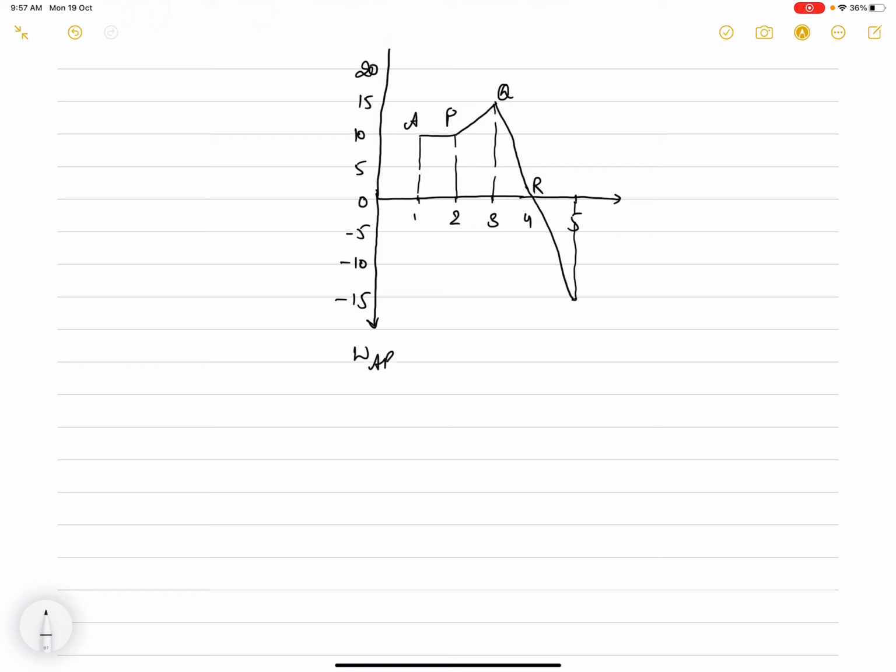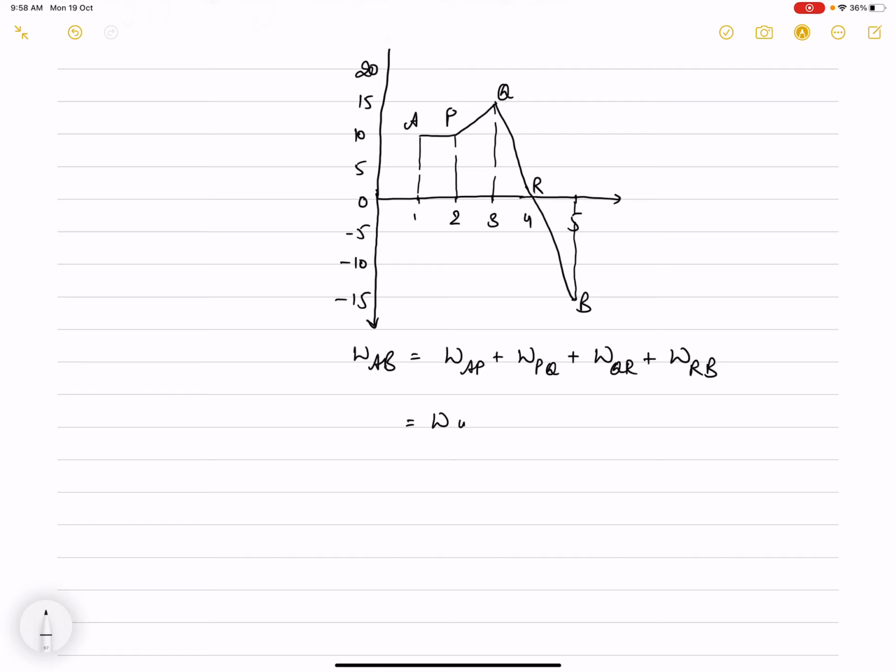Work done in AB can be bifurcated into work done from A to P plus work done from P to Q plus work done from Q to R plus work done from R to B. Now what are these work done?